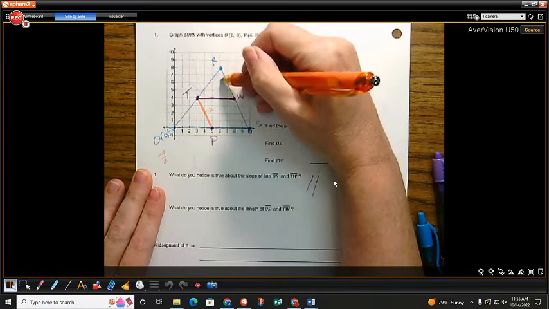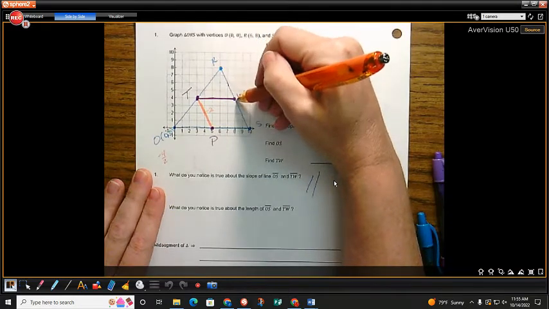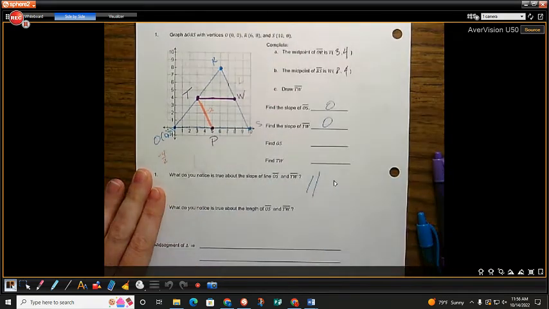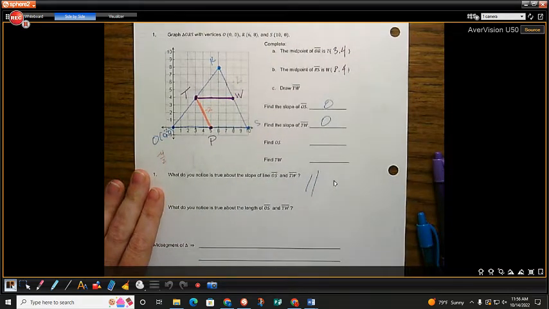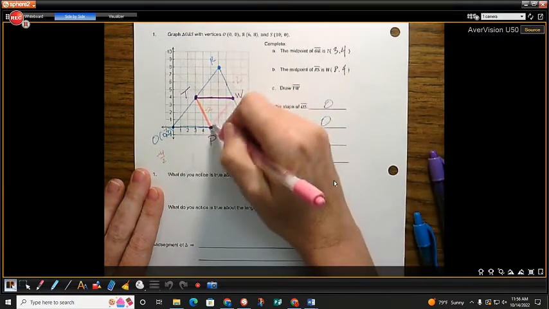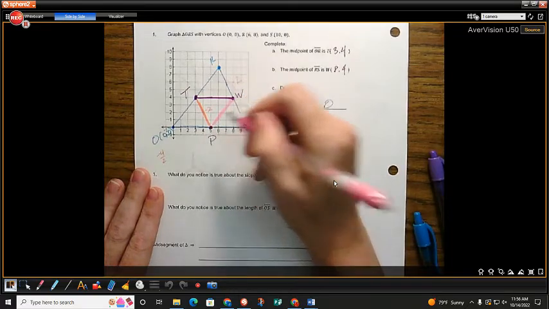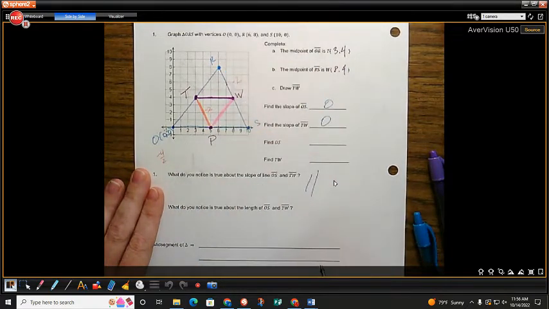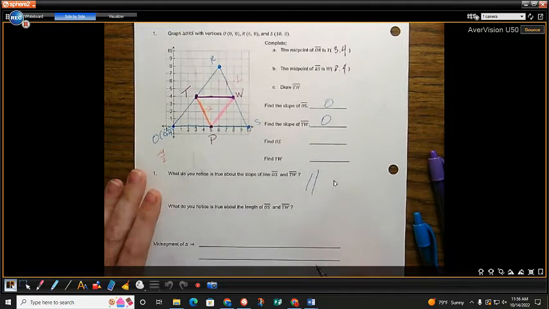Down 2 over 1, down 2 over 1. It's also negative 2. They're parallel. Whoa, they're parallel. What do you think's going to happen with PW? You think it's going to be parallel to OR? Guess what? It is. Oh, we're smart.